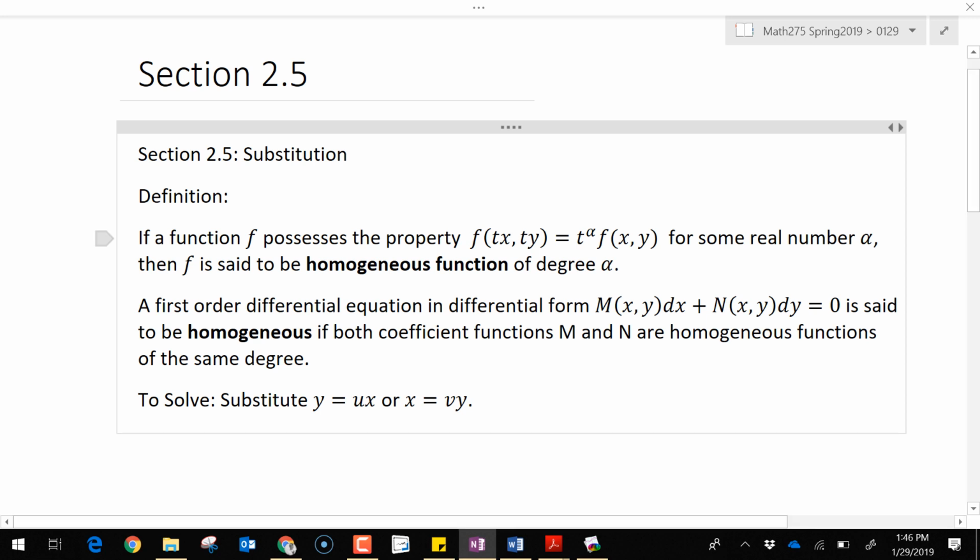So a function f that has x and y in it has a property that if you replace x with t of x and you replace y with t of y and somehow be able to factor out a t to some power, then it's called a homogeneous function.